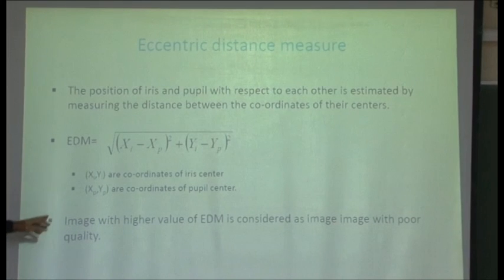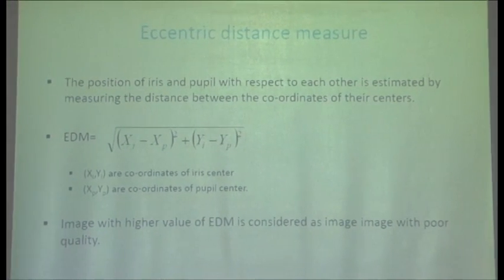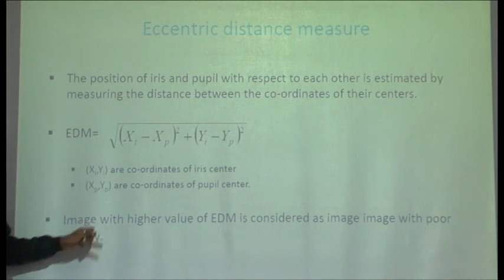To calculate the eccentric distance, I considered the Euclidean distance between the center of the iris and the pupil and normalized it by dividing by 10. The maximum value for the database is around 10, so I normalized between 0 and 1. The higher the distance, the lower the quality.